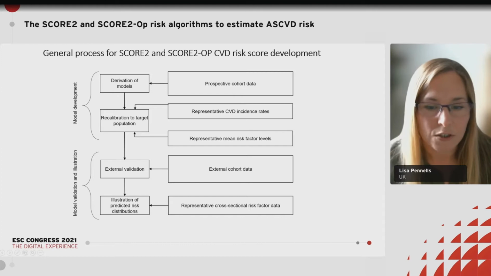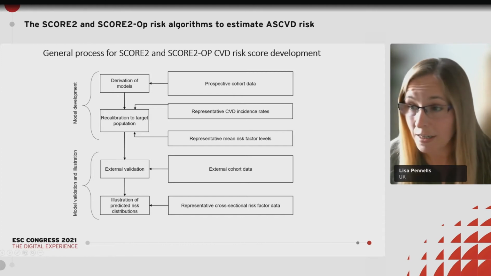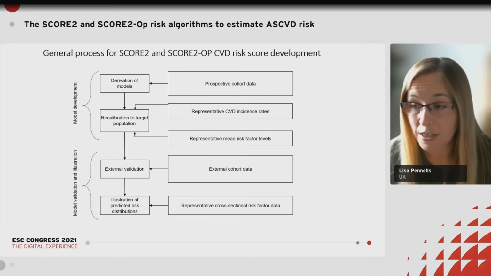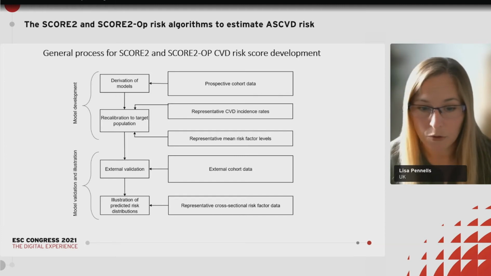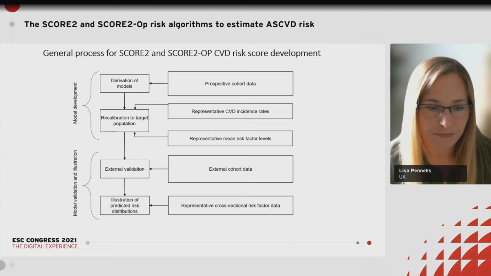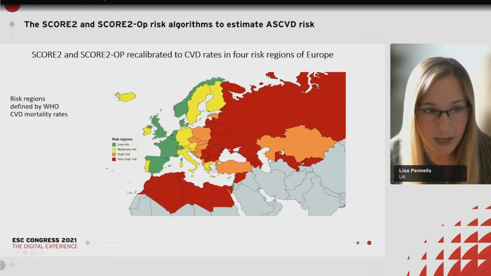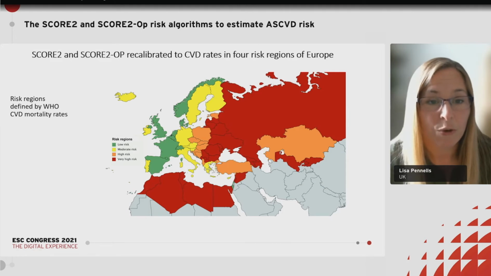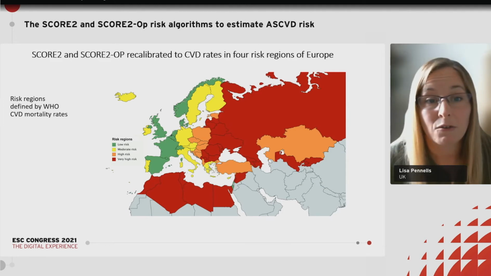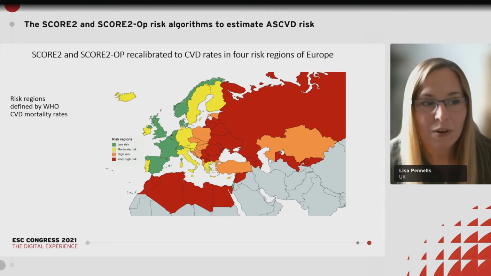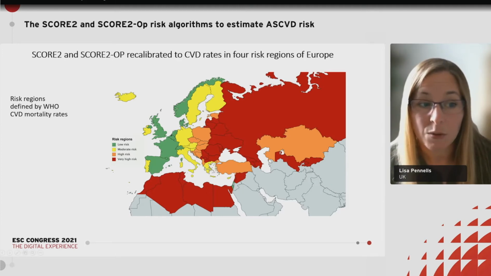And then we've gone on to do some external validation in other cohort studies, and then to illustrate some of the risk predictions that you get using the recalibrated models in different countries. So in terms of the recalibration, SCORE2 and SCORE2 OP have currently been recalibrated to 4 different risk regions within Europe, and these risk regions are defined using WHO CVD mortality rates.